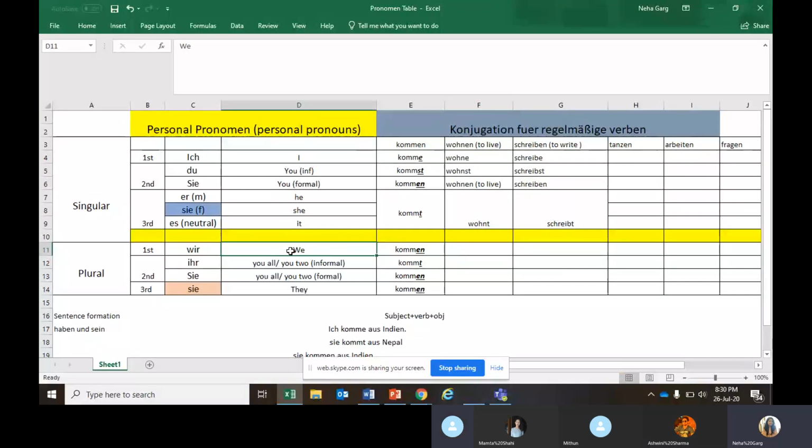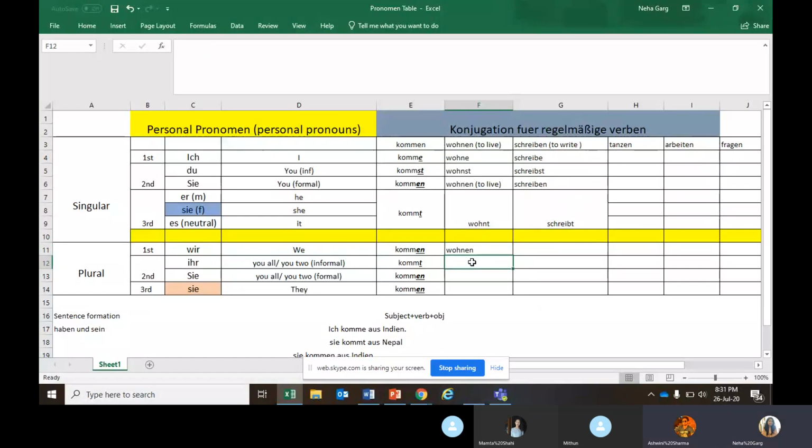Again, in plural, majorly conjugations are with the infinitive form. This kommen is an infinitive form, right? So with wir, we would write, Wir kommen aus Indien. Wir wohnen in Neu Delhi. So that would be again the infinitive form.